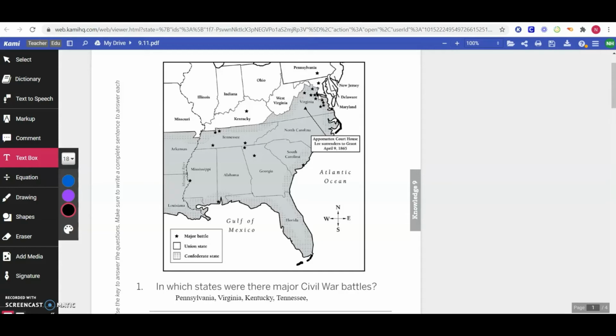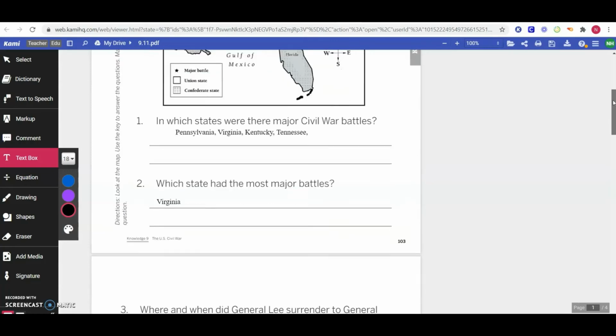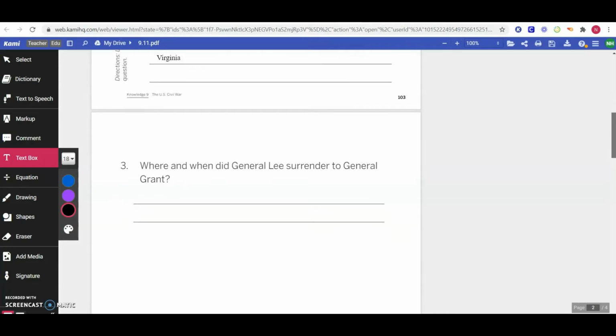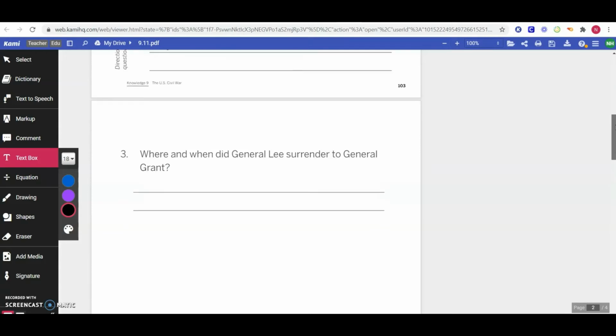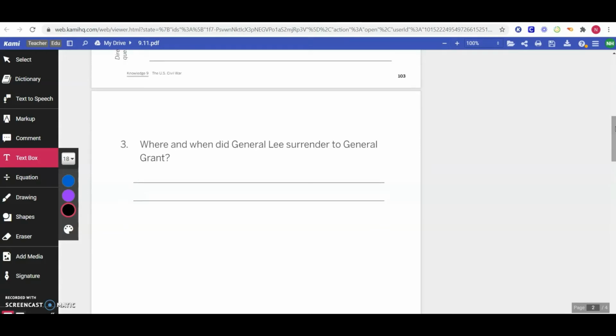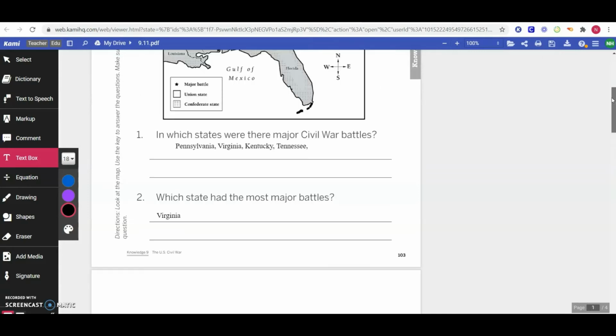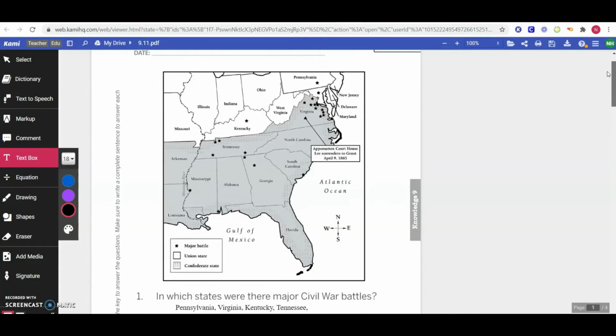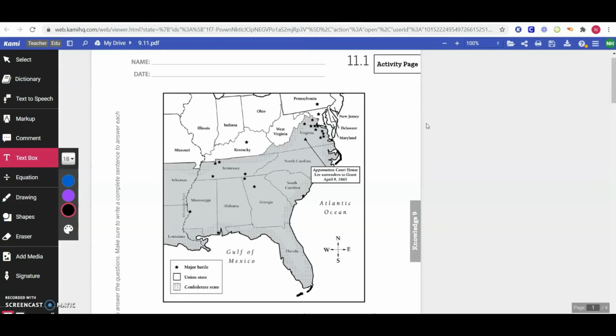Because Richmond was the capital of the Confederacy, the Union sent a lot of attacks there to try to take over the capital. Our very last question on that next page says, where and when did General Lee surrender to General Grant? We learned about this today, but we also have that information on our map.